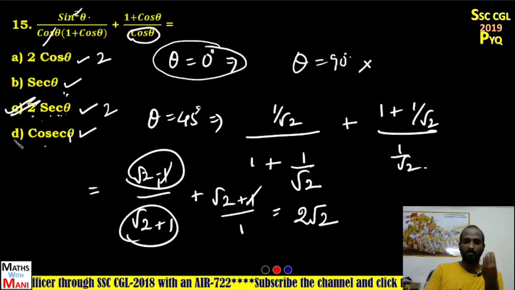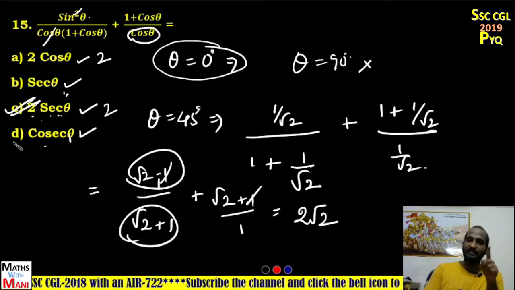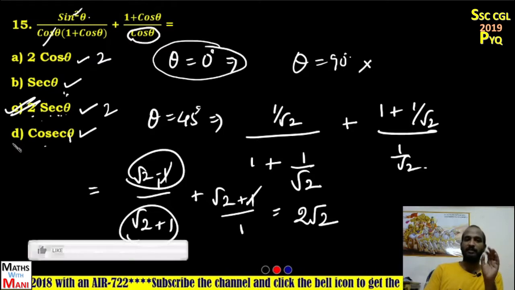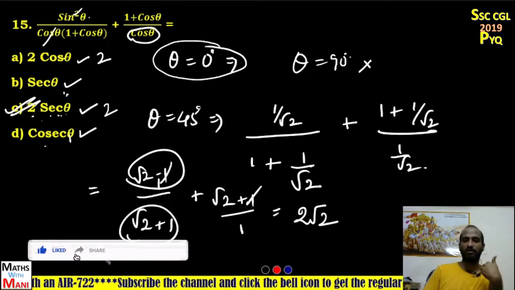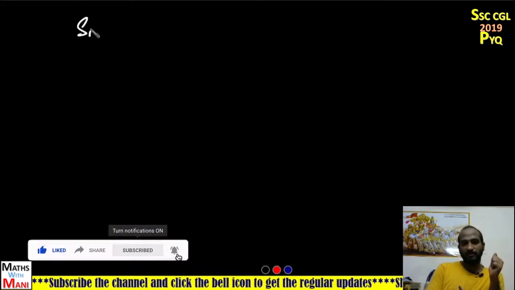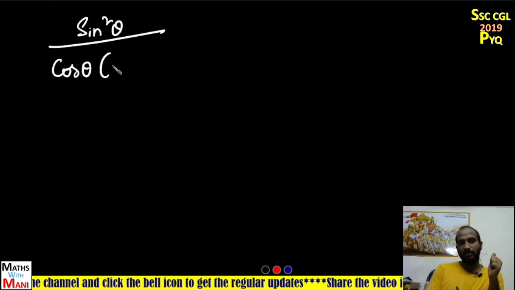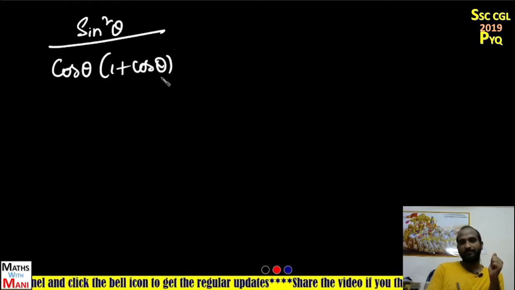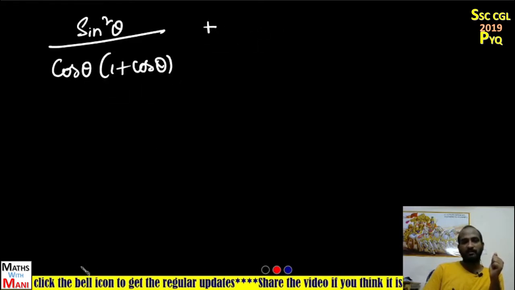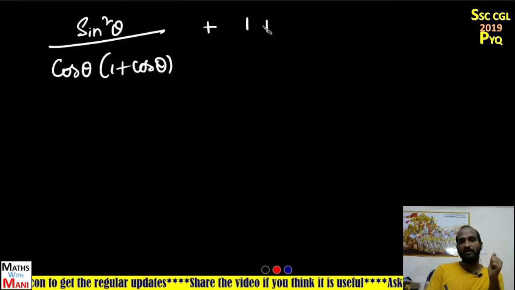This is through substitution. Without substitution, we can easily solve this question through general formulas. Let's see, what is the given question? Sin square theta by cos theta into 1 plus cos theta, plus 1 plus cos theta by cos theta.